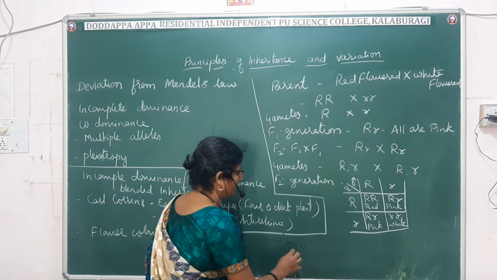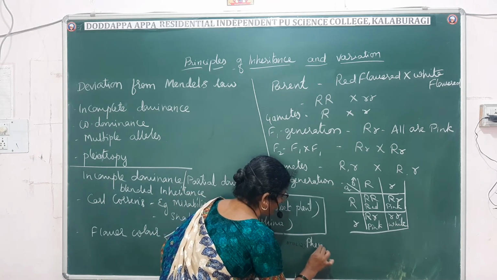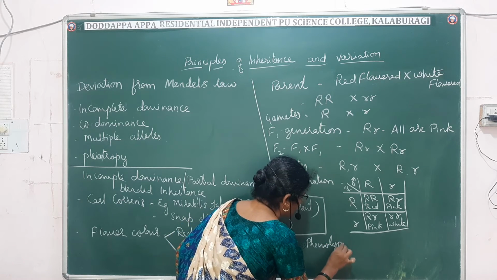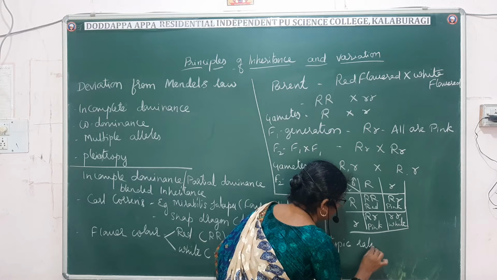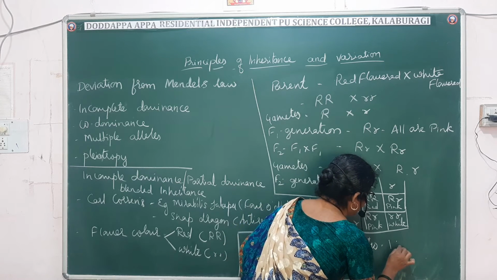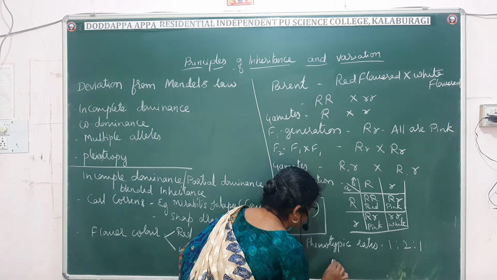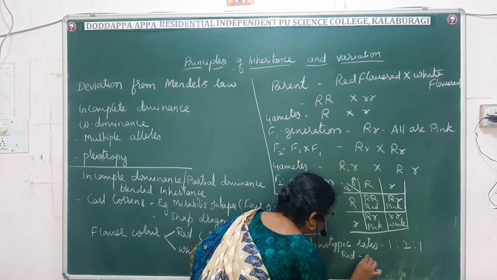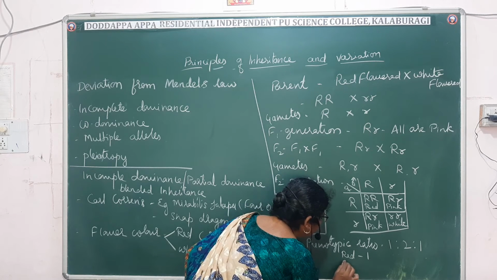So when you see the phenotypic ratio, you will get 1:2:1.